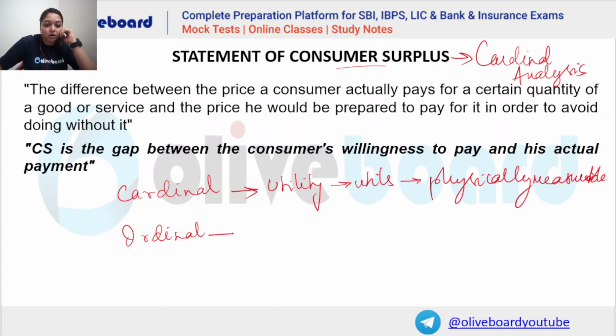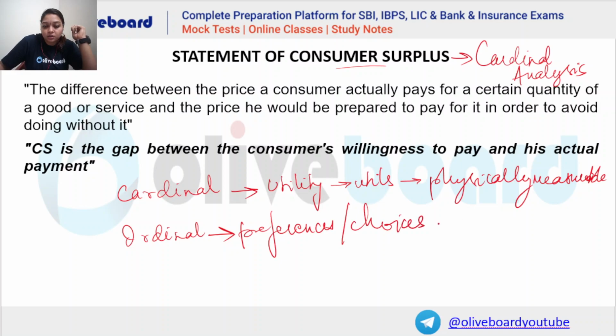But what about ordinal? Ordinal uses preferences or choices of consumers to study their behavior. In ordinal analysis, we don't use utility, right? We use the word preference or choice.